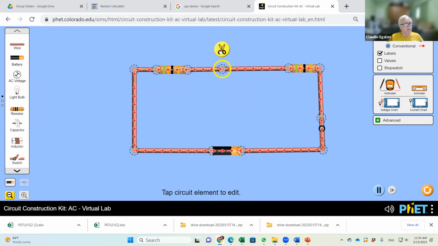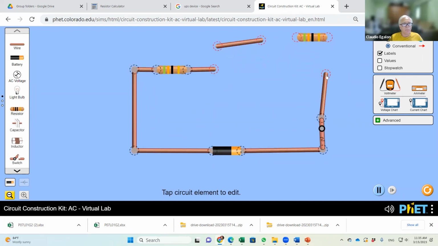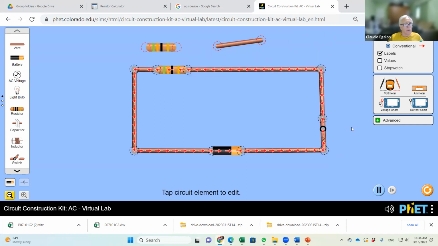Let us get those in parallel now, those resistors in parallel now. I'm gonna open my switch. And I'm gonna get this guy here connected here.